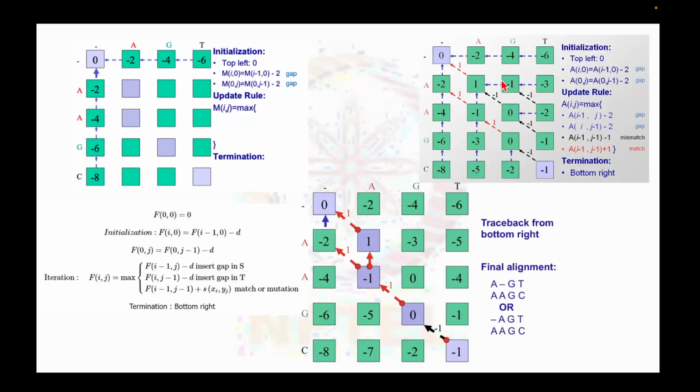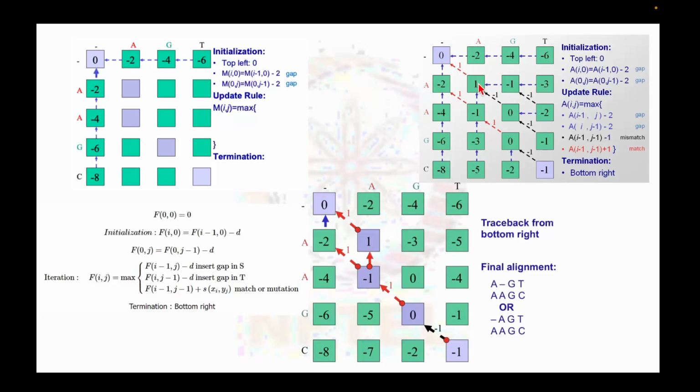So the topmost image shows how a matrix is constructed, and traceback arrows have been given. These arrow marks indicate that the current cell score is obtained from the previous cell values. The current cell value can be obtained in three ways.